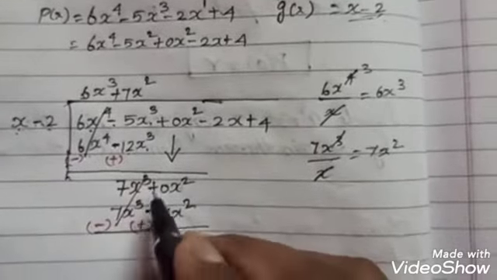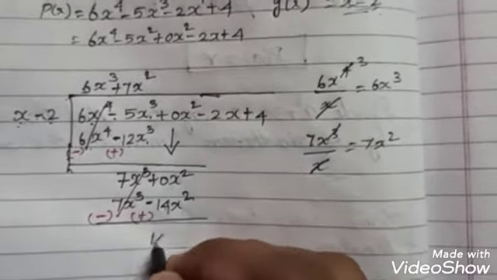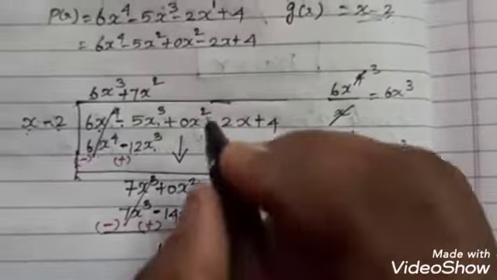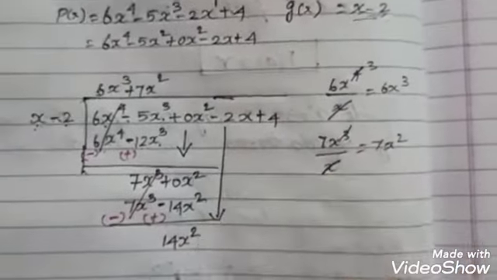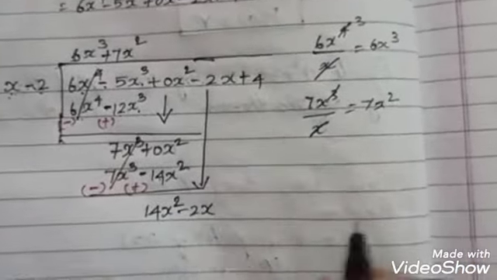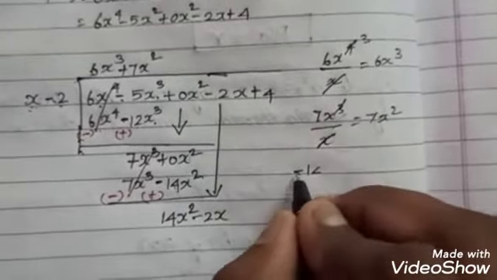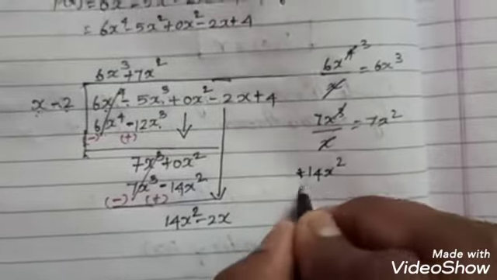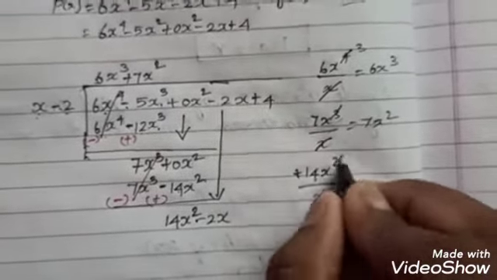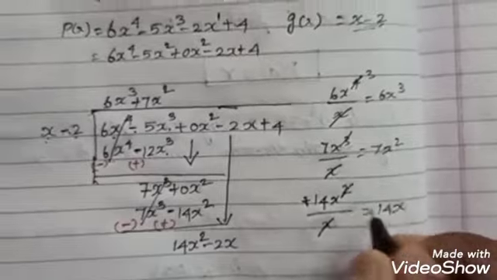So same symbol, 14, you get 14x square, and you take the other term minus 2x. The same process continues, you have to compare the first term. Plus 14x square divided by x, which is equal to 14x.